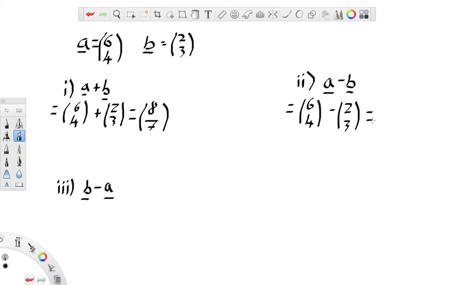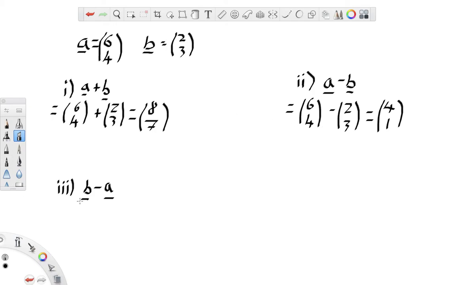We're going to be doing the same thing here, however we'll be subtracting. So we do 6 minus 2, which is 4. Then we do 4 minus 3, which is 1. So we subtracted our horizontal components and subtracted our vertical components.